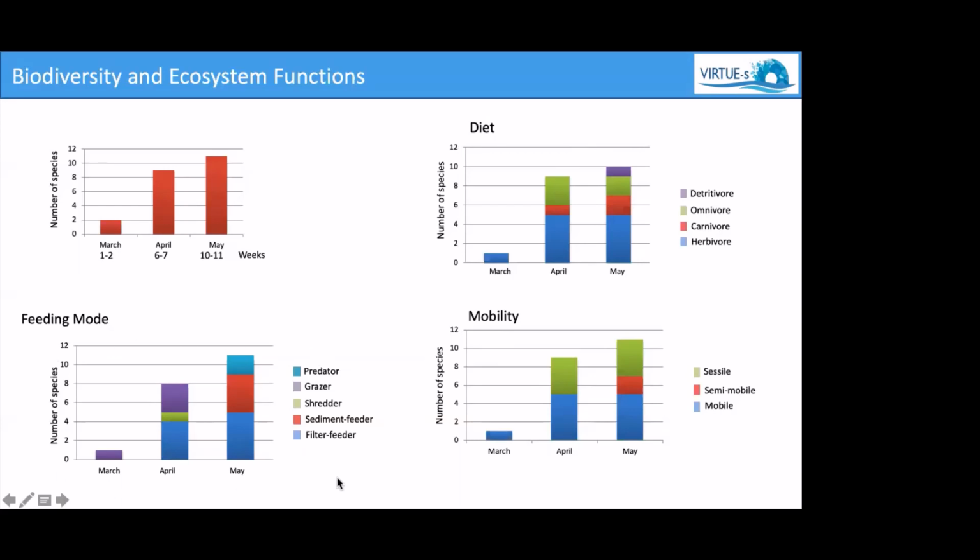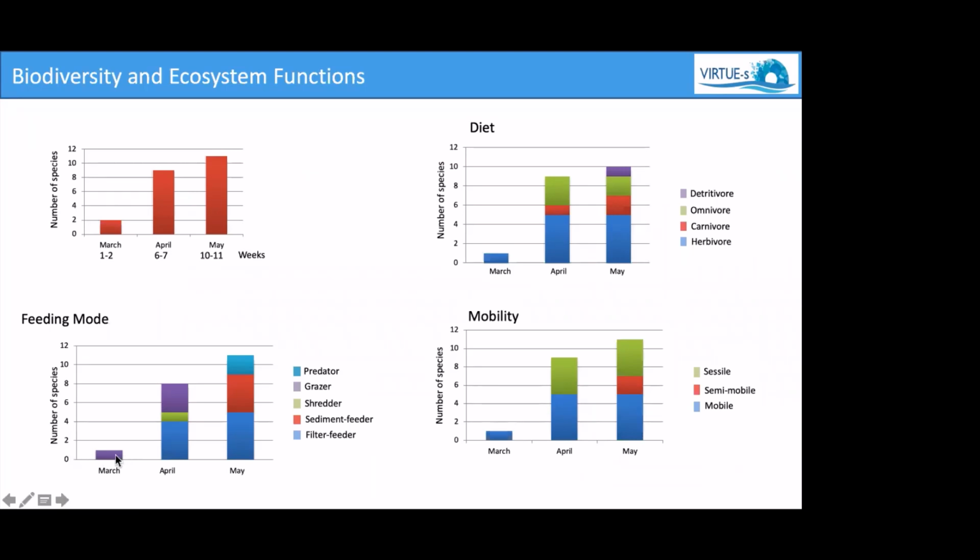So you can see more information about the structure of the community or the ecosystem growing on the disc. In March, for instance, we just have the grazers in the first 2 weeks. So this is like a succession study also. So at the start, you just have grazers. Probably some of the ciliates, these are ciliates which are feeding on the diatom biofilm.